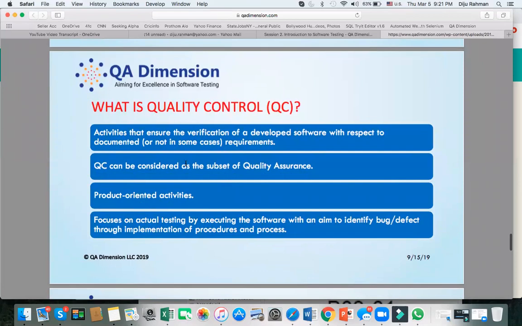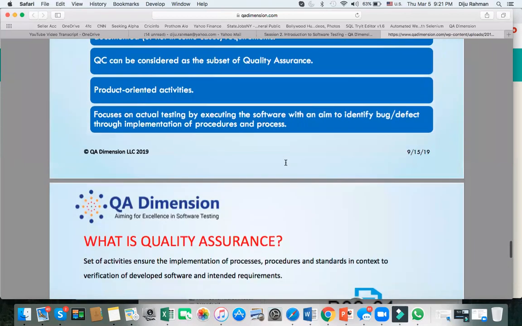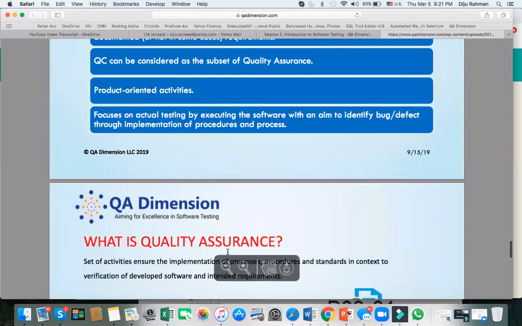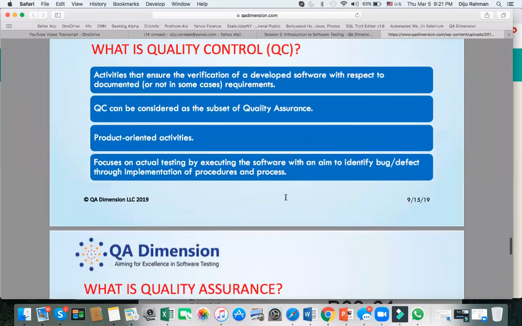QC can be considered a subset of quality assurance. Subset means that under quality assurance, quality control can also be considered. I'll talk about what quality assurance is in a minute, but quality control is making sure that everything out there is maintainable and matching expectations.